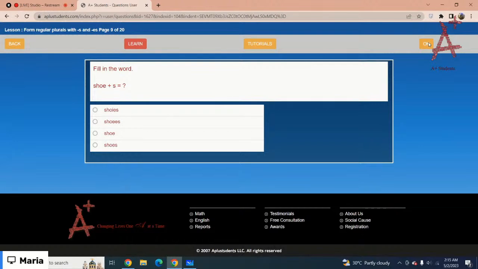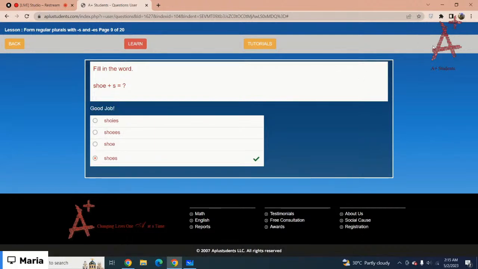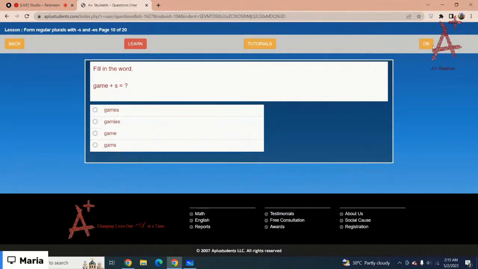Shoe plus S. It would be shoes. Game plus S. Games.